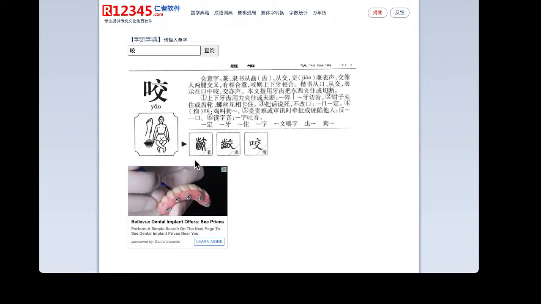The original traditional character is more telling because it uses the tooth radical on the left and the 交 on the right to deliver that meaning. But the tooth radical is rather complicated to write, so they replaced it with a mouth radical, to make it much easier to write. All right, so this is 咬.